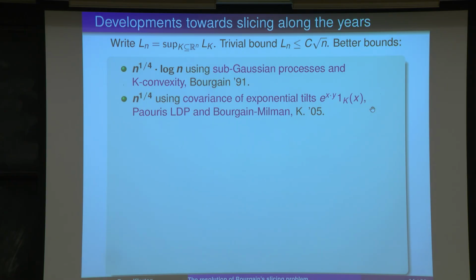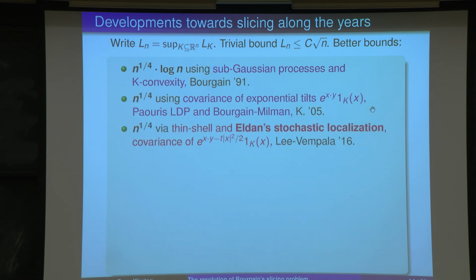Then, in my childhood, I removed this log n and got n to the quarter. For that, we used exponential tilts of the convex set, and Paouris's result. It seems to be a different proof than Bourgain's. There was no Talagrand or K-convexity.